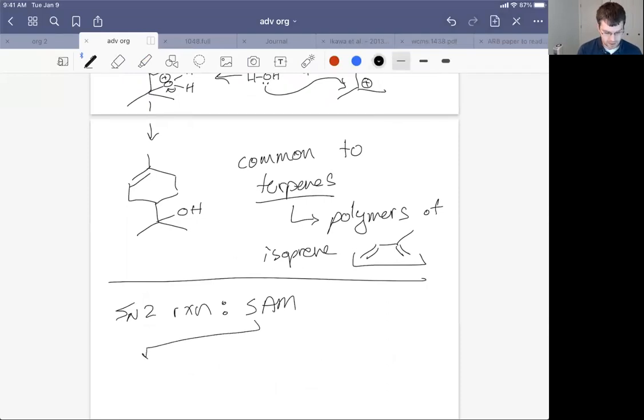So SAM is S-adenosyl, I think it's S-adenosyl. Let's go adenosine. Yeah, it's definitely adenosyl.